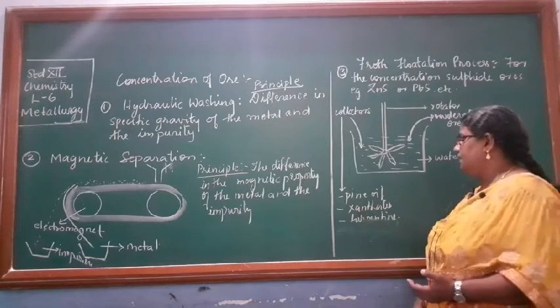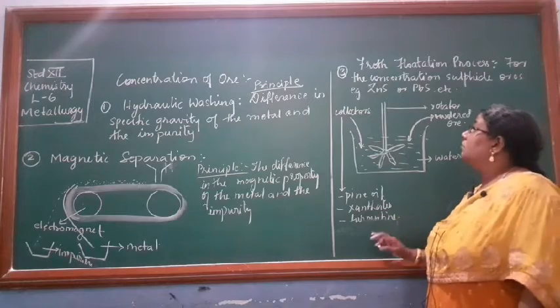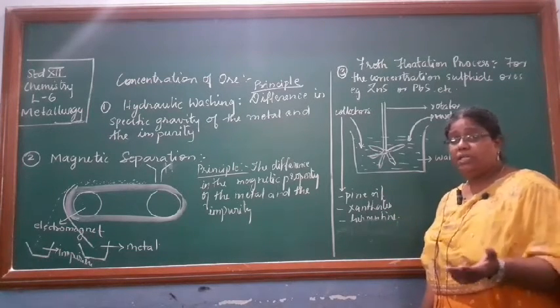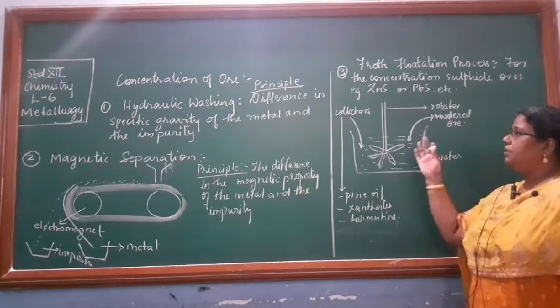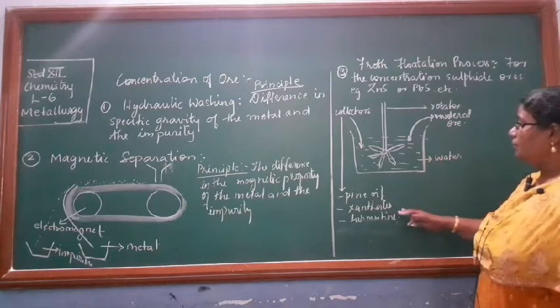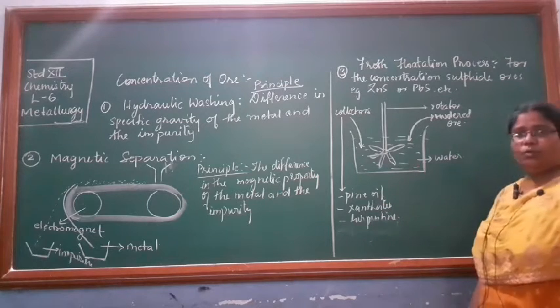Turpentine, xanthates, pine oil, they are all collectors, that is they froth, they have the nature of making froth. So, how is this pine oil helping in frothing? See, powdered ore along with the turpentine or the pine oil is added to the water.